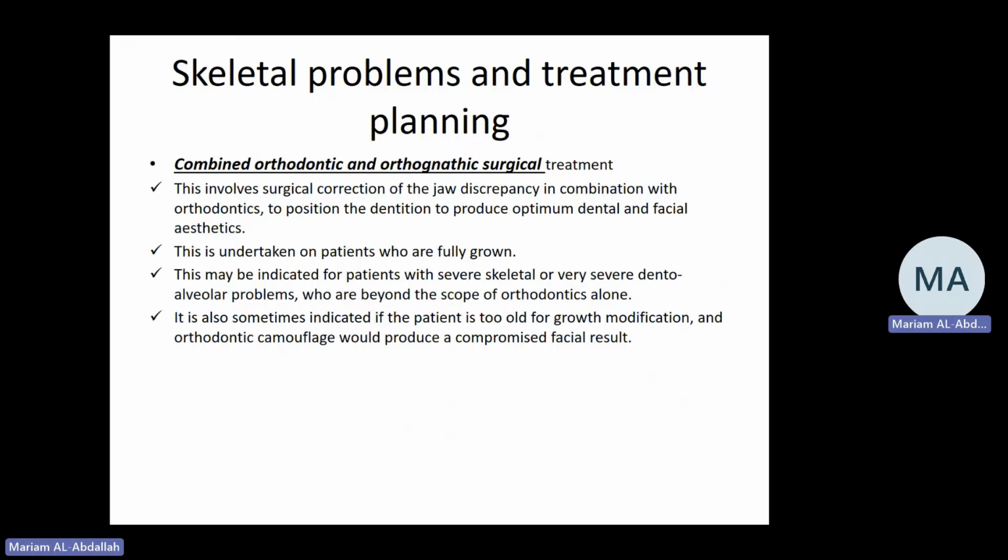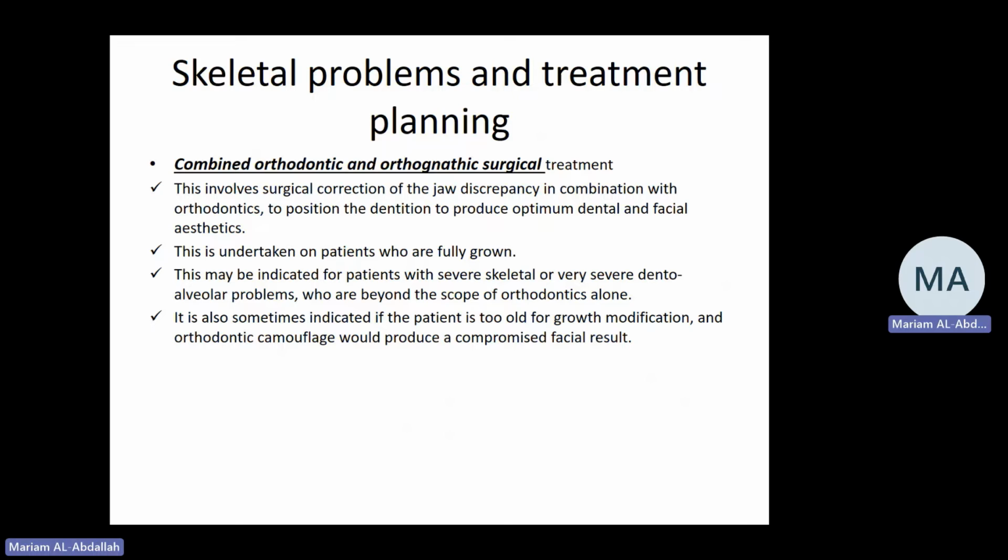Some patients with severe or moderate skeletal discrepancy would say, oh, we're happy with our profile, I just want to straighten my teeth, for example. So it's not always indicated for patients with severe skeletal discrepancy. It's important to discuss different options with the patient.